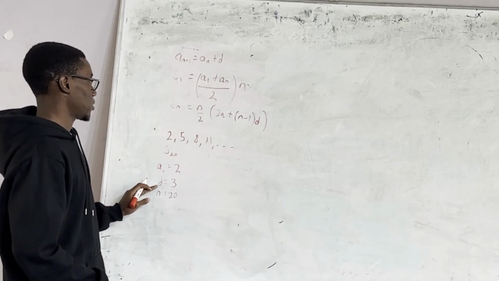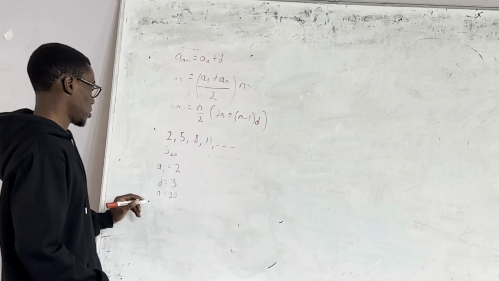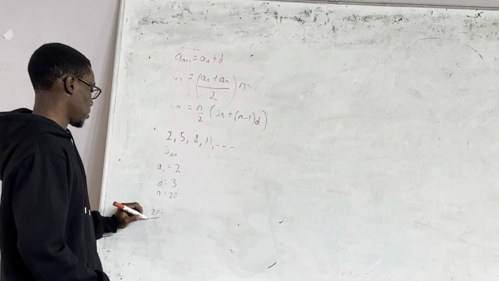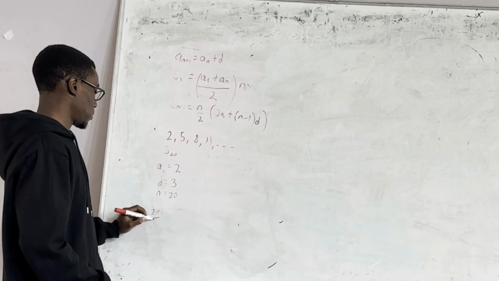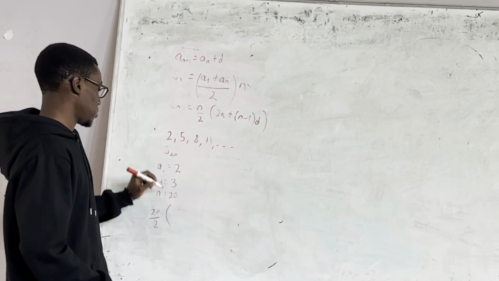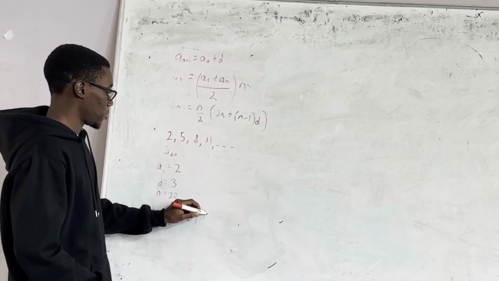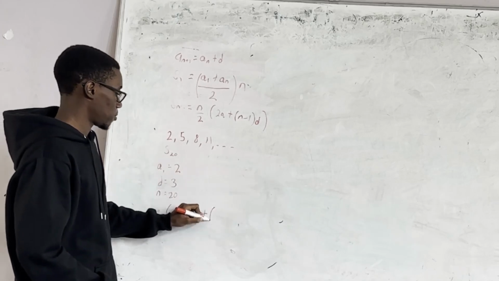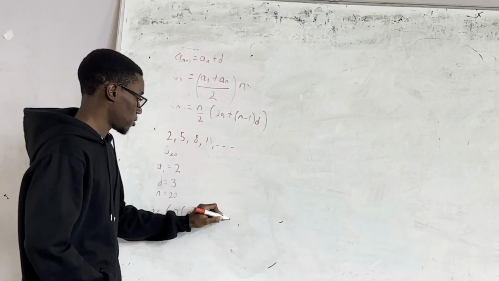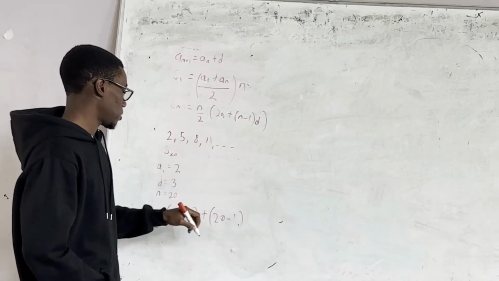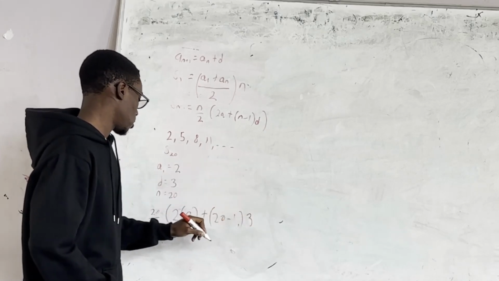So the same thing, just substitute. n is equal to 20, over 2, times 2 times 2 plus n minus 1, 20 minus 1, times the common difference, 3.